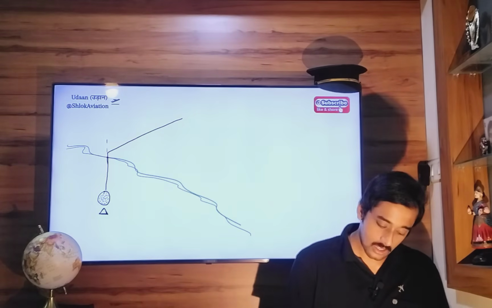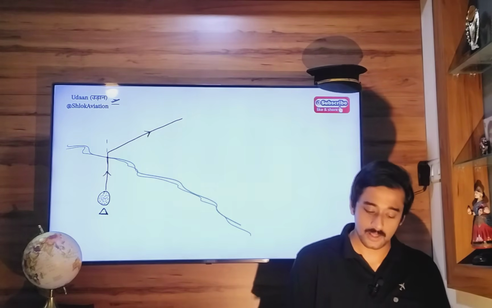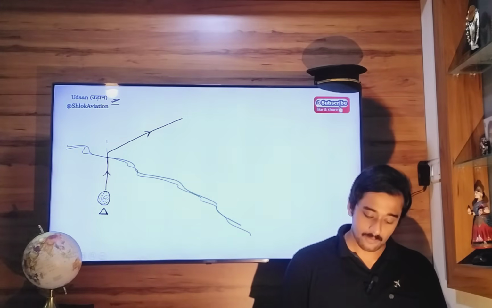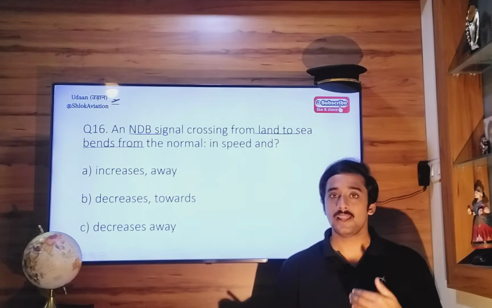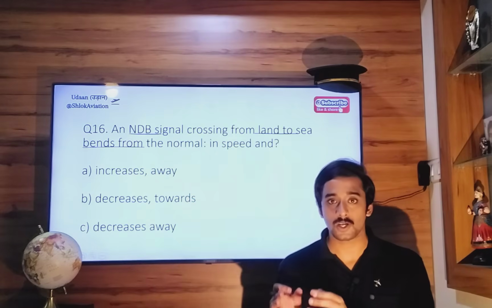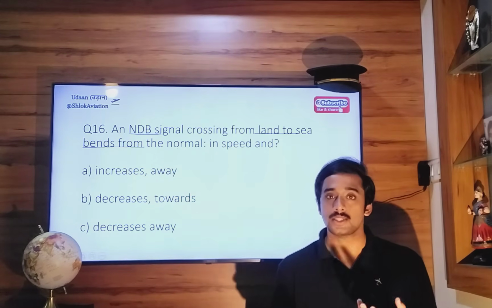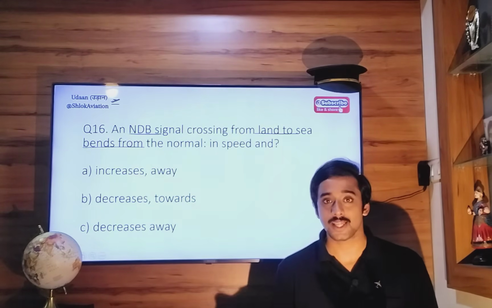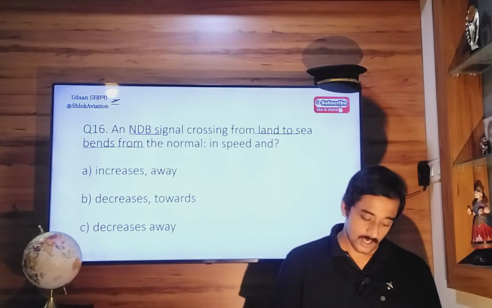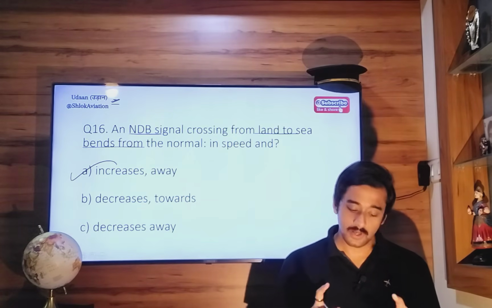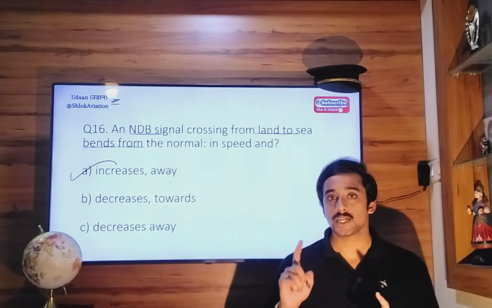And what will happen to the speed of this signal? The speed will increase because the sea surface, a water body, offers less resistance or less friction than a land surface. So NDB signal speed increases and the signal bends away from the normal.